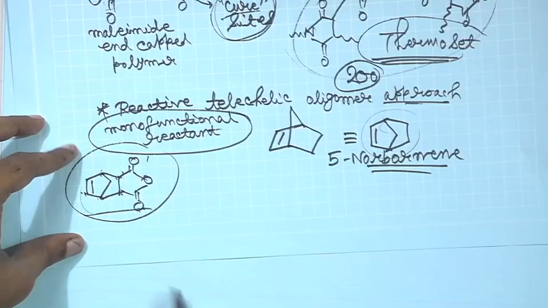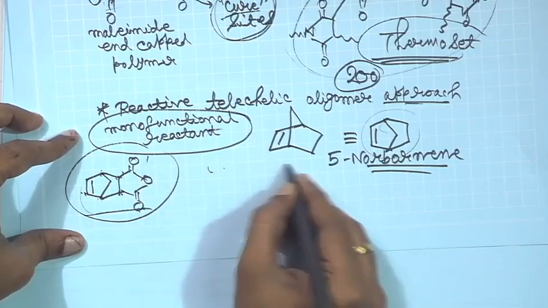Monofunctional, what is the function? It is monoanhydride. So, basically it will add at the end, it will not have another end to react further with the diamine like that. And at the end of this monofunctional unit, one side is your anhydride and another side of this norbornene unit for post polymerization modification.